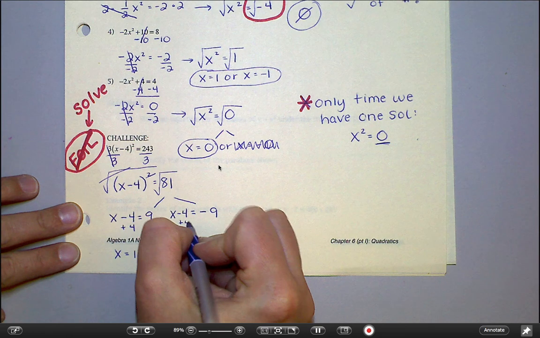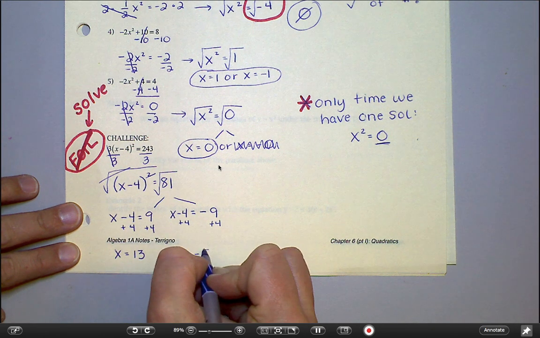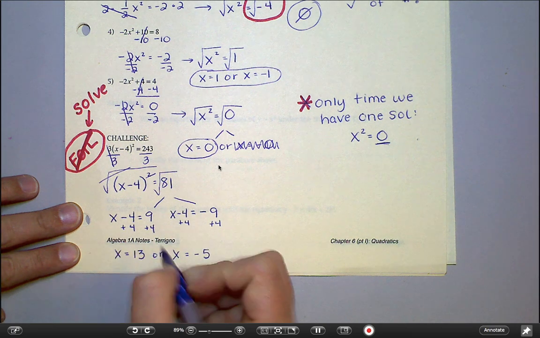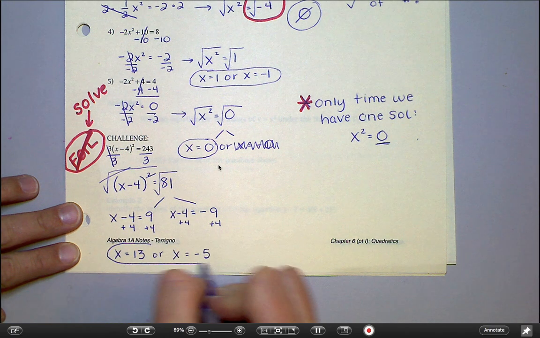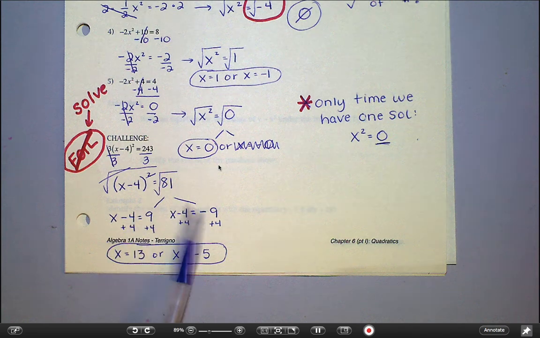Here, I'm going to add 4 and add 4, and I end up with x equals negative 5. And these are your 2 solutions. So they don't always come out to be the same number even. You do your split as soon as you take the square root, and then if you have more solving to do after that, so be it. Go ahead and do more solving.